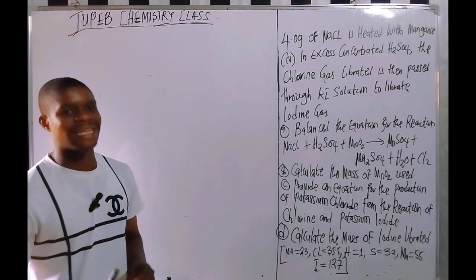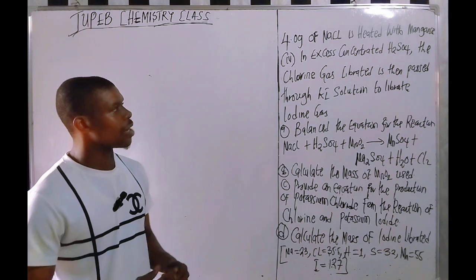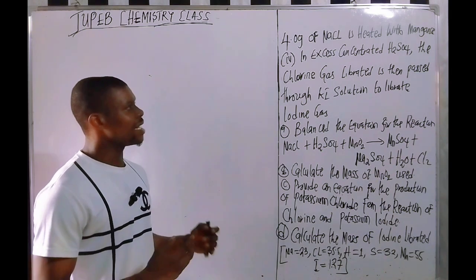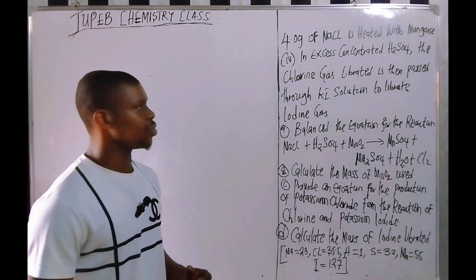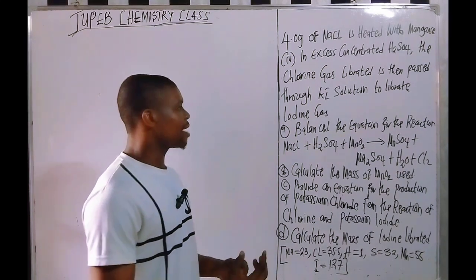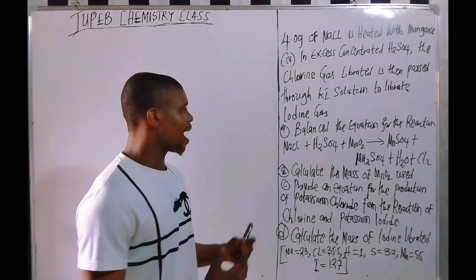First of all, let's analyze the question. 4.0 gram of sodium chloride is heated with manganese(IV) oxide in excess concentrated tetraoxosulfate(VI) acid, H2SO4. The chlorine gas liberated is then passed through potassium iodide solution to liberate iodine.